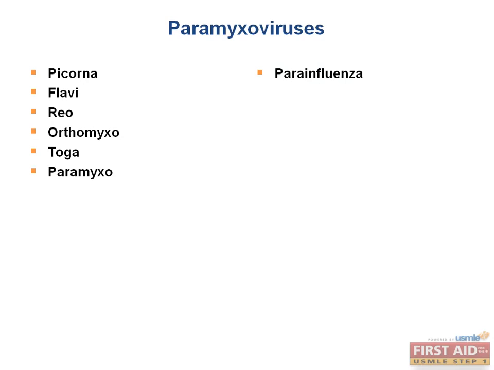Croup, which is also known as laryngotracheobronchitis. What a wonderful mouthful, isn't it? It affects the larynx, trachea, and bronchi with symptoms such as fever, a characteristic hoarse barking cough, laryngeal obstruction, and inspiratory stridor. Remember in particular the barking cough and stridor because these are important keywords to clue you in to a child with croup.